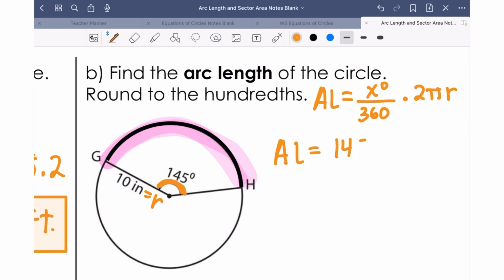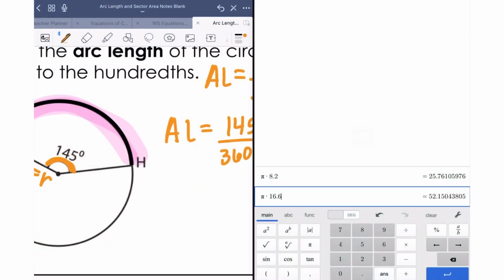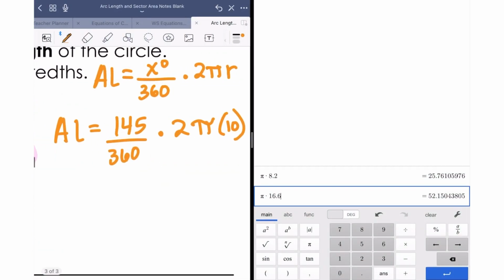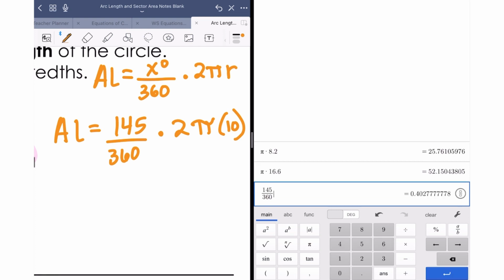So 145 is the section I want out of 360 times 2 pi r, which is 10. You take all that and plug it into Desmos: 145 out of 360 times 2 pi times 10.